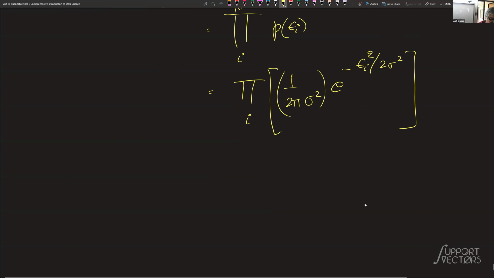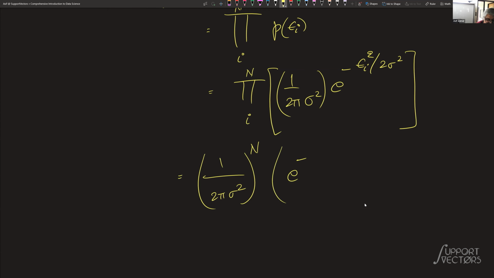So what is this equal to? This is to the n. It is nothing but 1 over 2 pi sigma squared to the power n, which we can ignore, right? It's just a proportionality constant, times e to the minus epsilon 1 squared over 2 sigma squared, e to the minus epsilon 2 squared over 2 sigma squared, up to epsilon n squared over 2 sigma squared. I wish I could just set sigma to half.